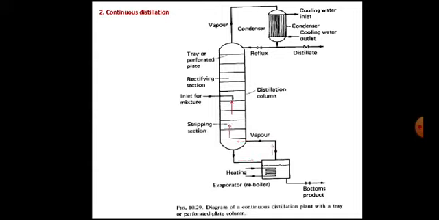The function of these vapors is to increase the temperature of the perforated stainless steel plates present in the distillation column. These vapors will then be allowed to rise and separate.